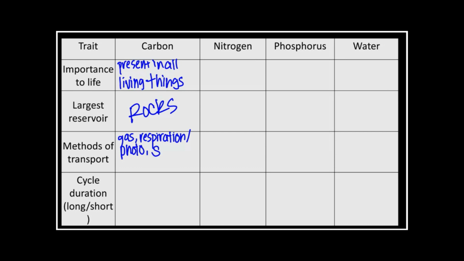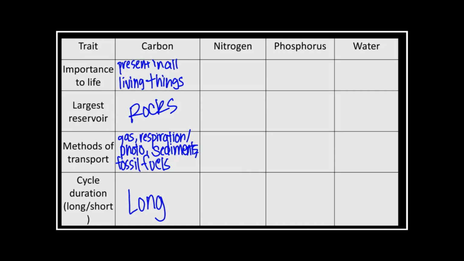It can be transferred in sediments. It's moved around in fossil fuels, right? We talk about that a lot. And then the duration of the cycle. Is it long? Is it short? Carbon has a pretty long cycle time.